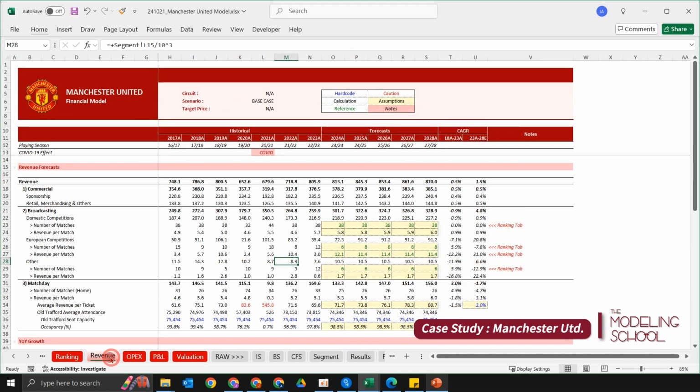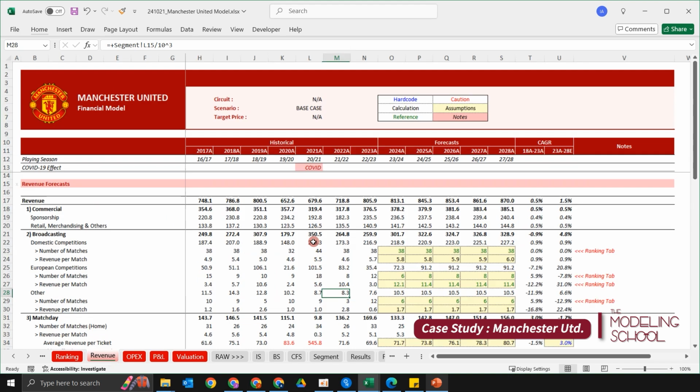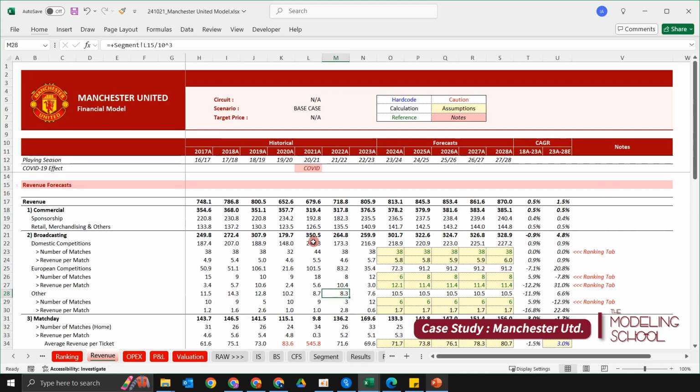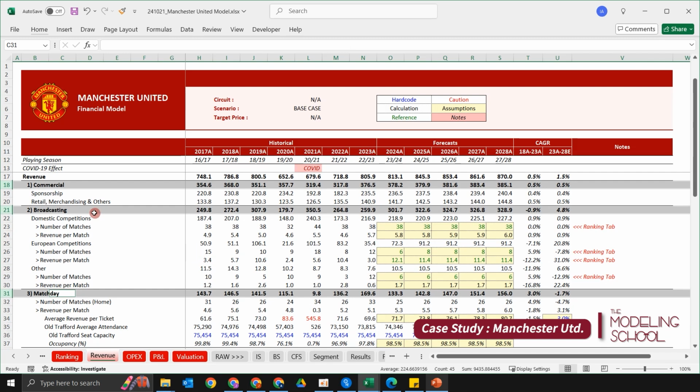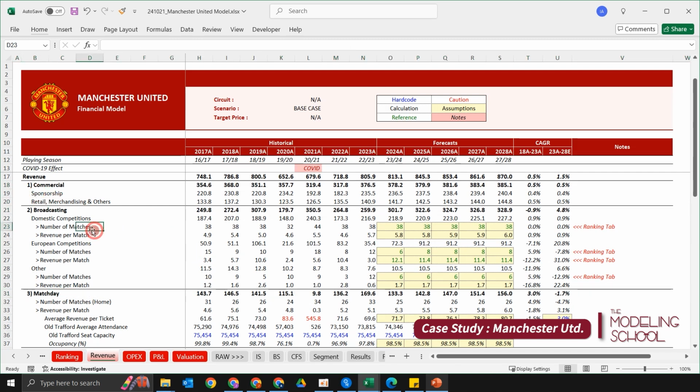So if you go to the revenue tab, you can see what Manchester United's, or most football clubs', revenues consist of. It consists of the commercial revenue, the broadcasting revenue, and the match day revenue. And commercial revenue is further divided into sponsorships, and then we have retail merchandising and others.